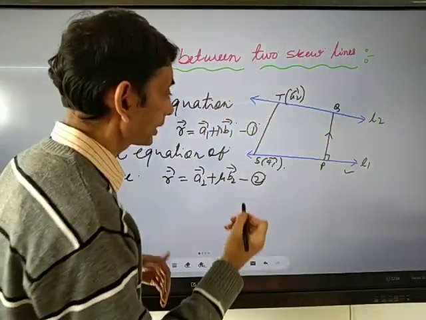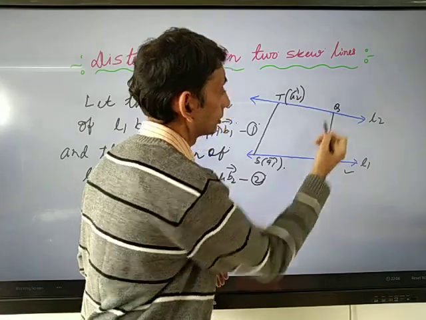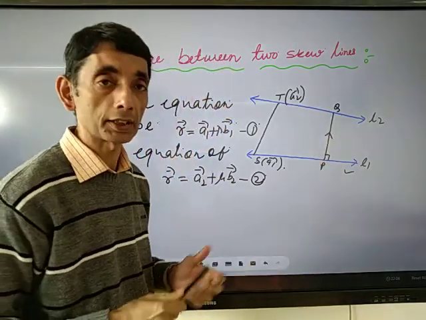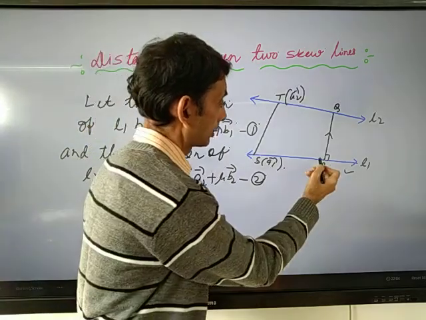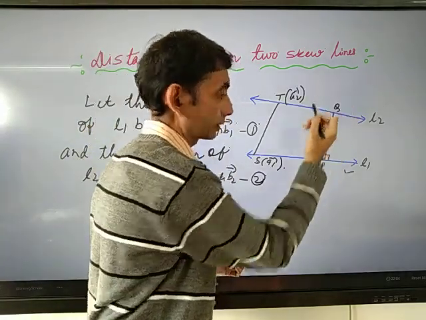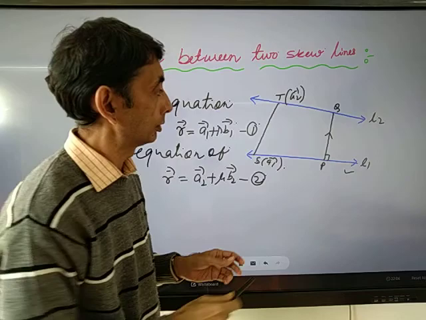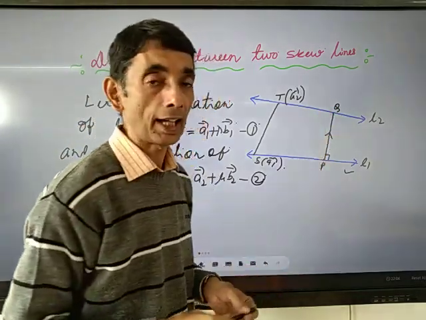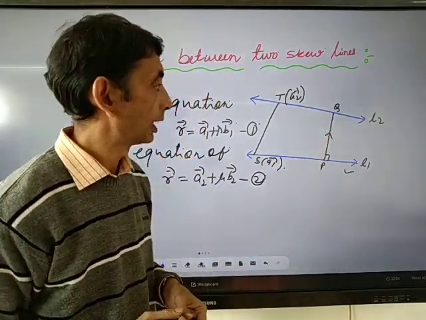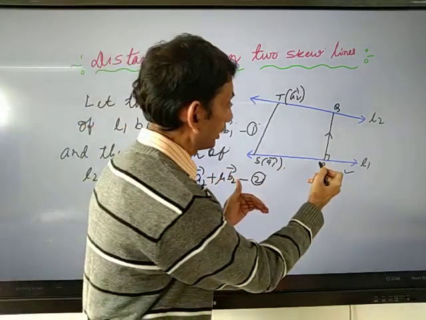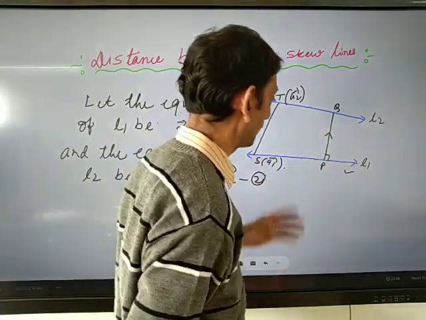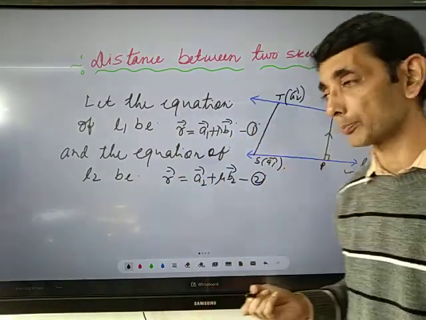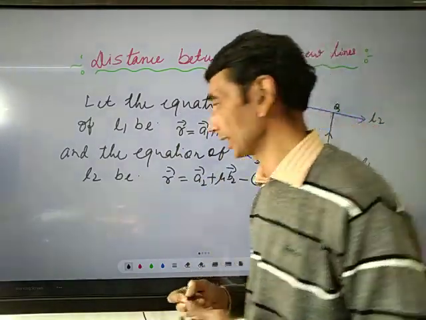Now if PQ is the shortest distance vector, then this particular PQ vector will be perpendicular to both line L1 and line L2. Therefore, if we consider the unit vector along PQ as n cap, then how do we find n cap?